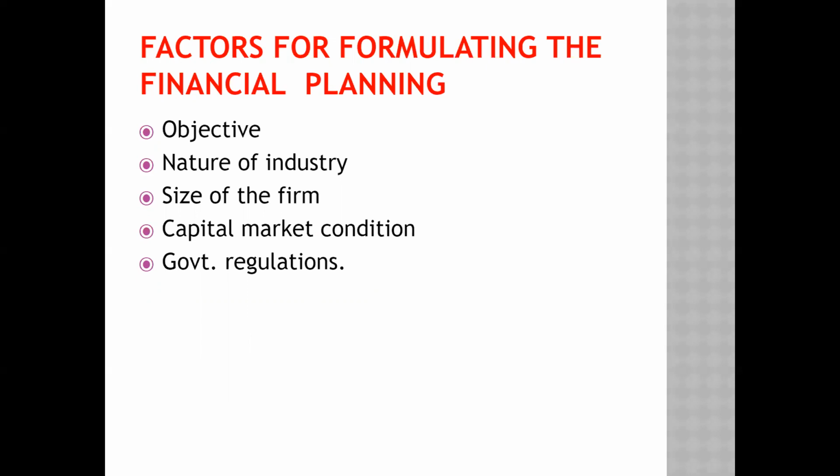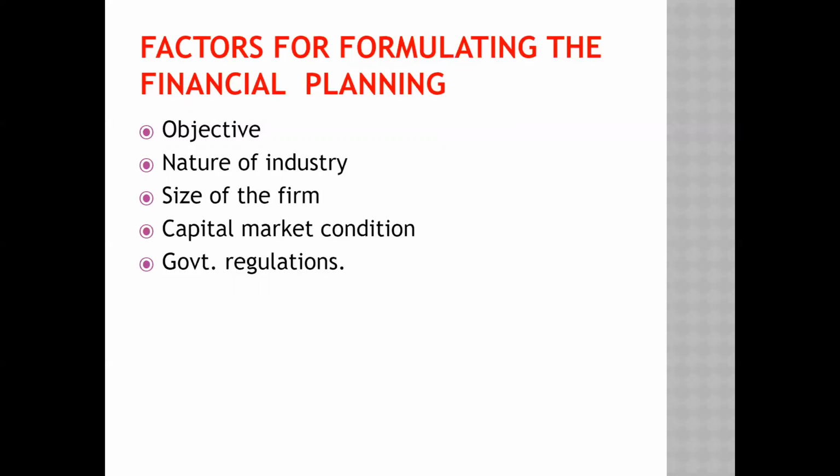The main objective is that we should arrange the funds at the lowest cost. Clear? Second is nature of industry. If the industry is capital intensive, more finance will be needed, and for the growth of the business also more finance is needed.